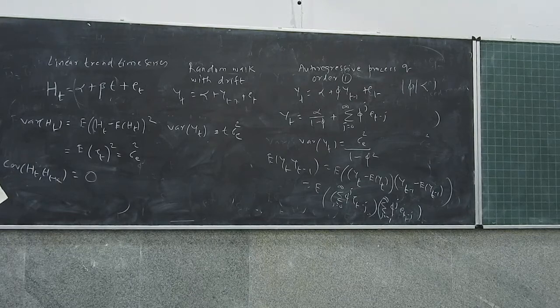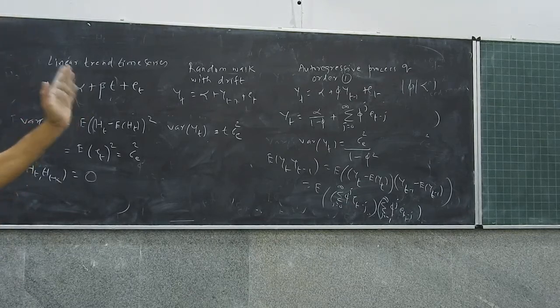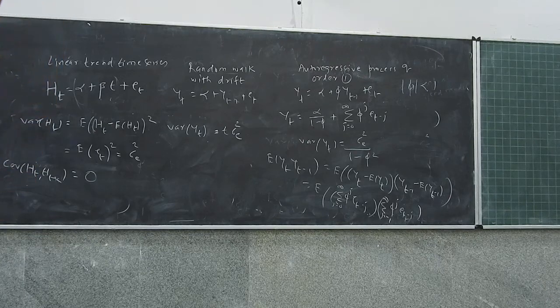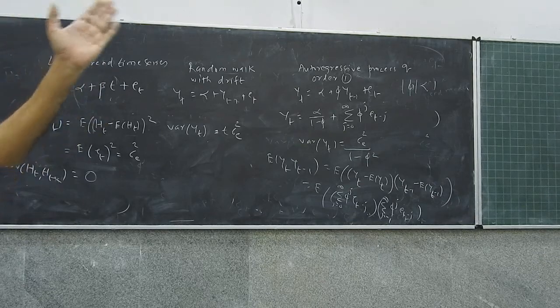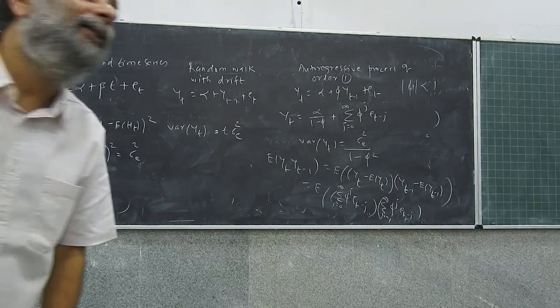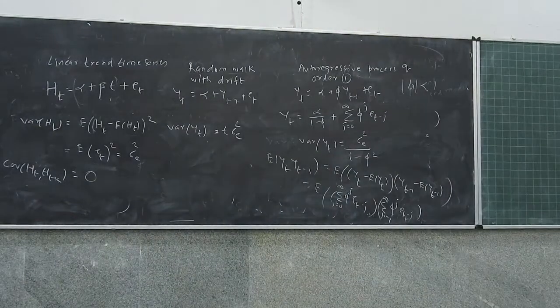For example, the first sum will go from E1, E2, E3 up to E infinity. The second sum will go from E2, E3, E4 up to E infinity. So if you multiply them, what will you have?